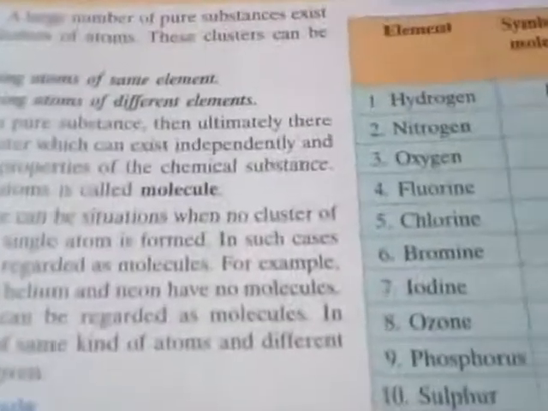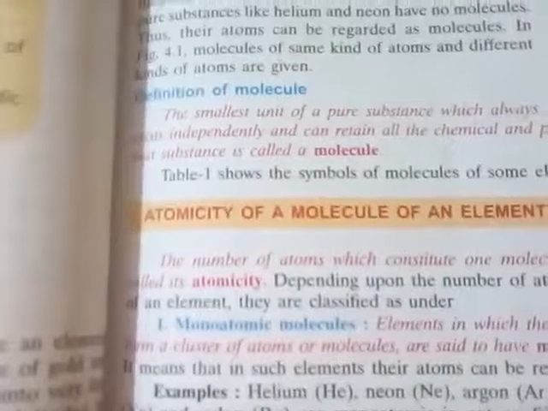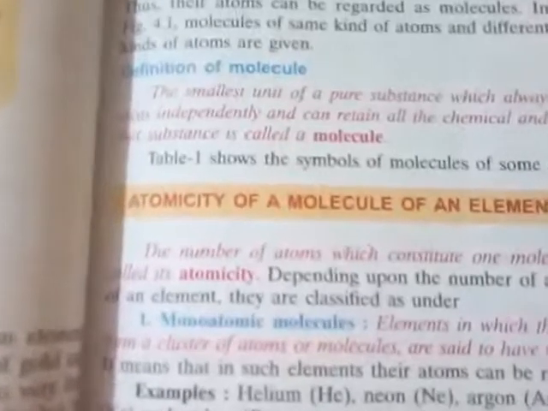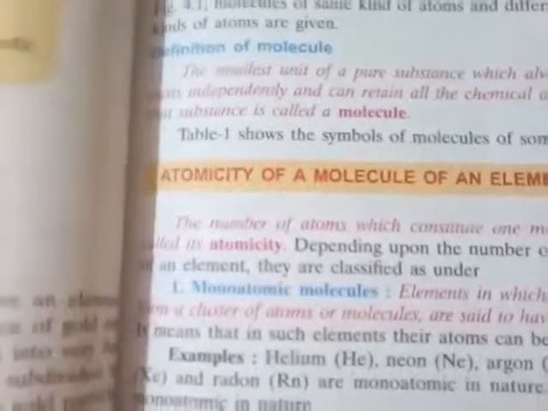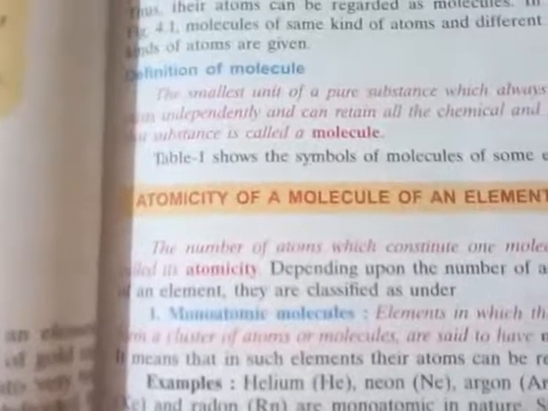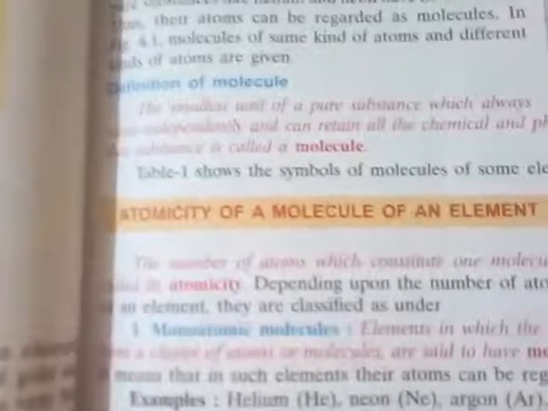So what is basically the atomicity? Atomicity means the number of atoms which constitute one molecule of an element. That is, how many atoms are present in one molecule of an element.